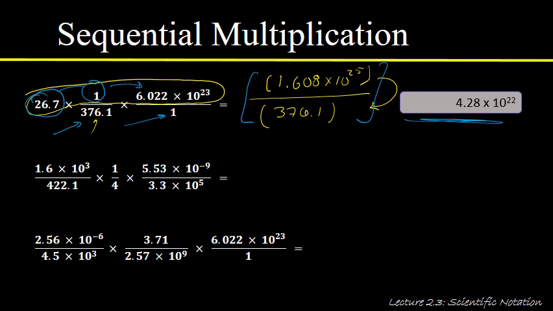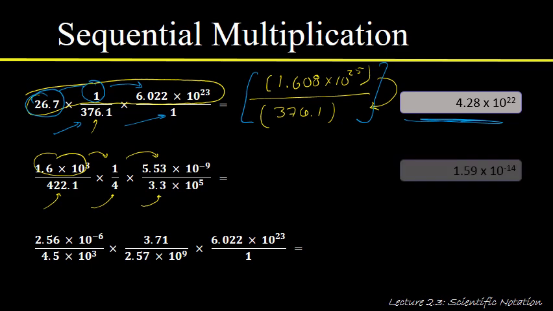But you can also just type in your calculator 1.6 EXP 3 times 1 times 5.53 EXP negative 9 divided by 422.1 divided by 4 divided by 3.3 times 10 to the minus 5, and see if that gives you 1.59 times 10 to the minus 14. And you can do that whole thing without parentheses. It's just one long string of multiplication and division steps.